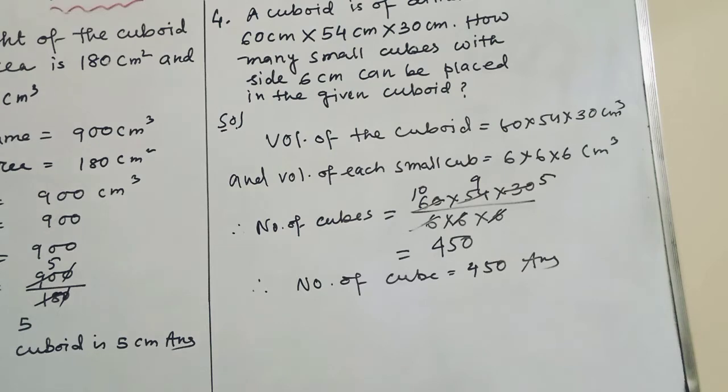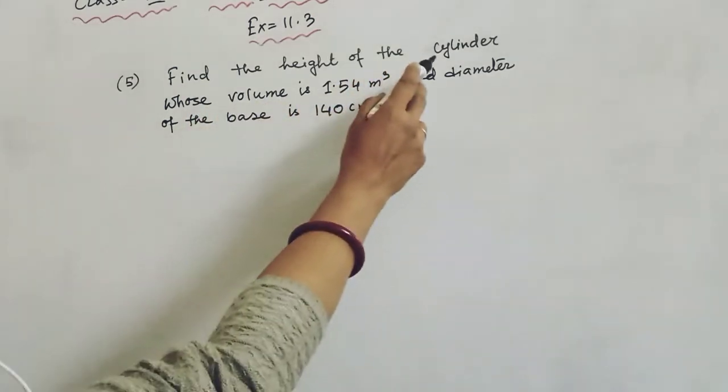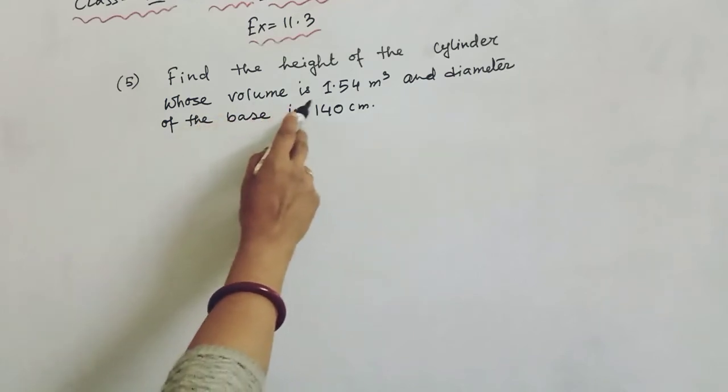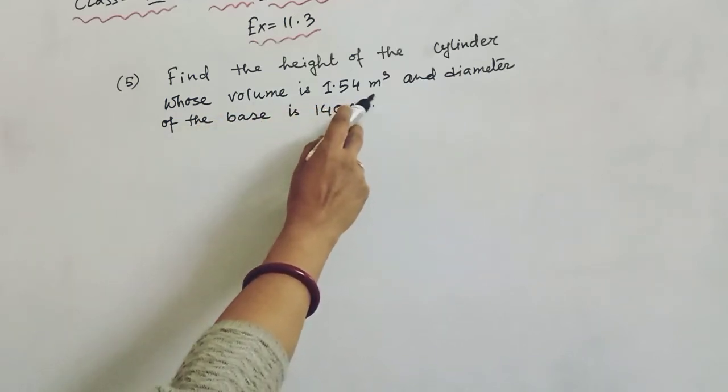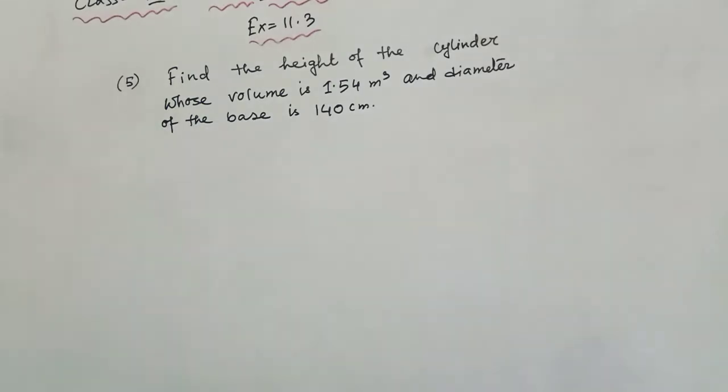Okay. Next question is question number 5. Find the height of the cylinder whose volume is 1.54 meter cube and diameter of the base is 140 centimeter.